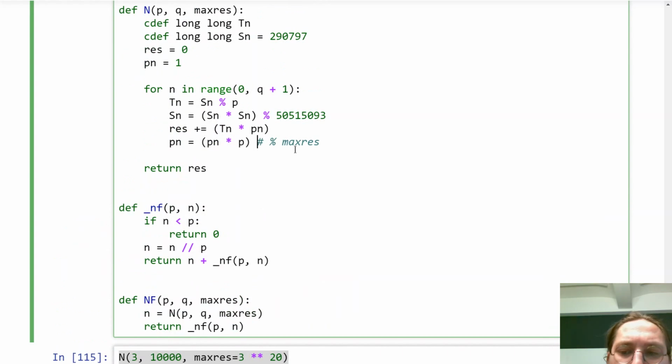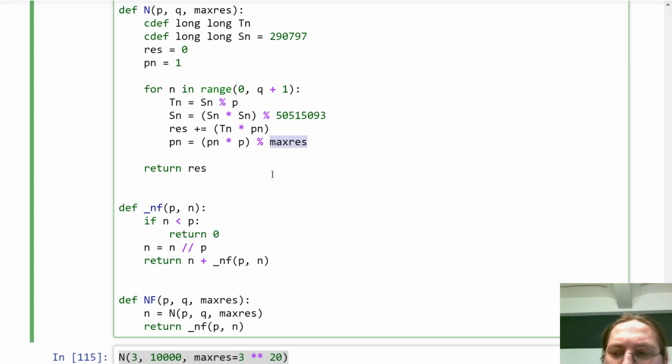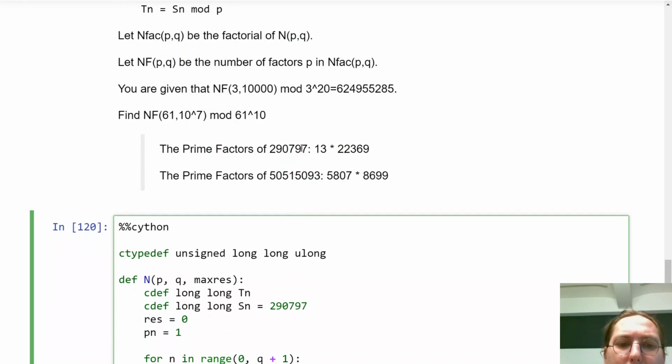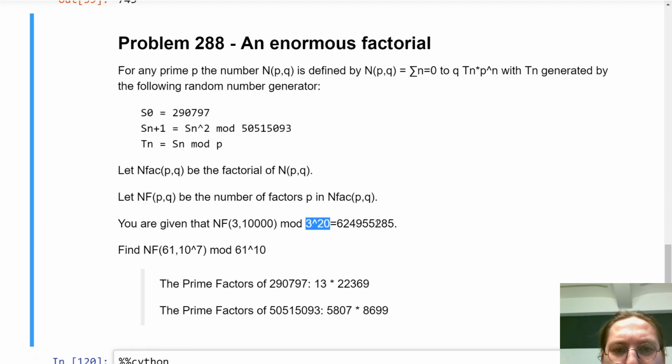Okay, so this is the max. As we're going through here, we are always multiplying by p to the power of n, but outside we're using mod 3 to the 20. So this is the factorial of n, and NF is the number.